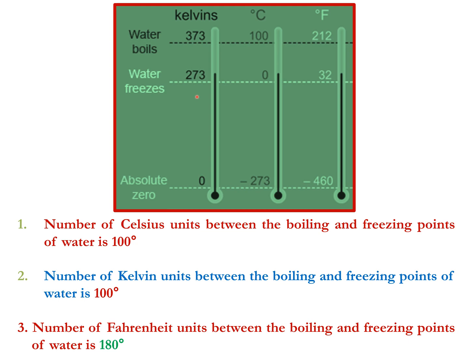The number of Fahrenheit units between the boiling and freezing points of water is 180 degrees, because if you subtract 32 from 212, you will get 180 degrees.